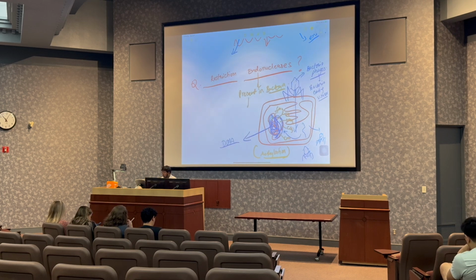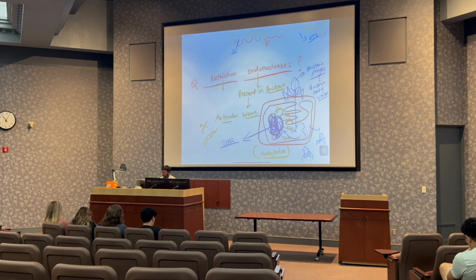They are called molecular scissors. Molecular scissors means they cut the DNA into several pieces in a specific sequence, and they restrict the growth of bacteriophages.